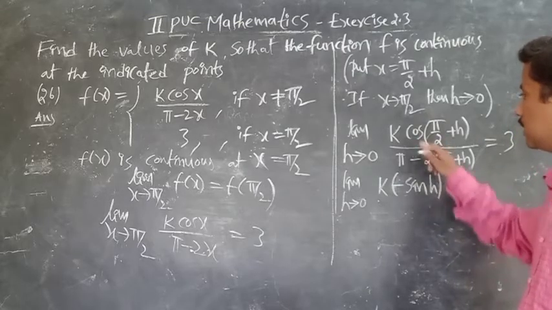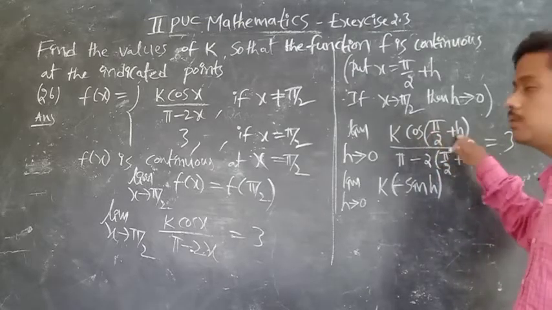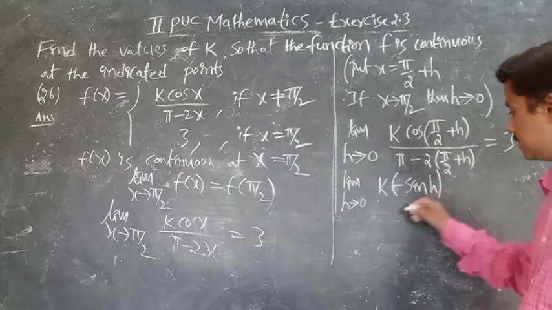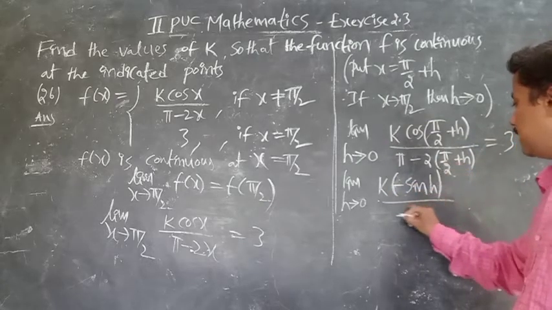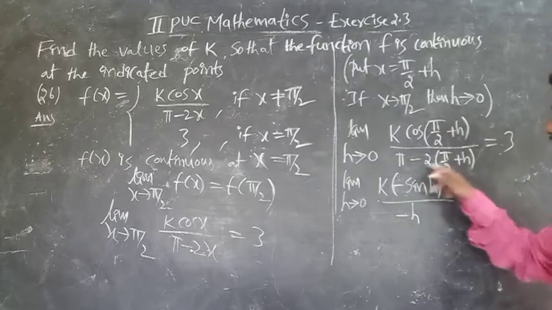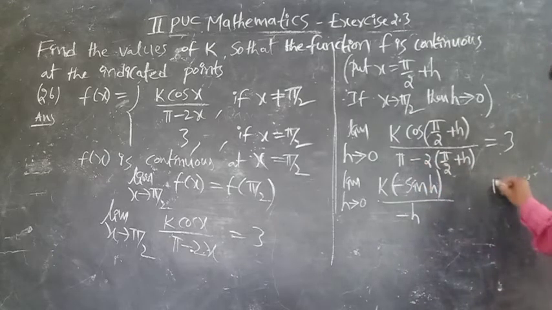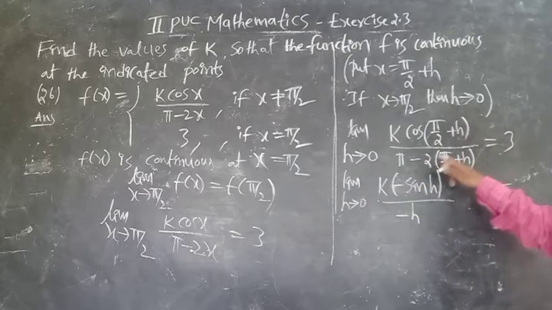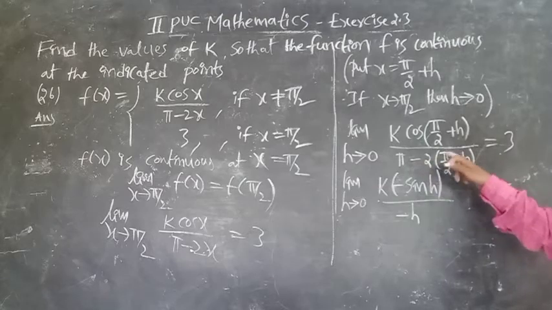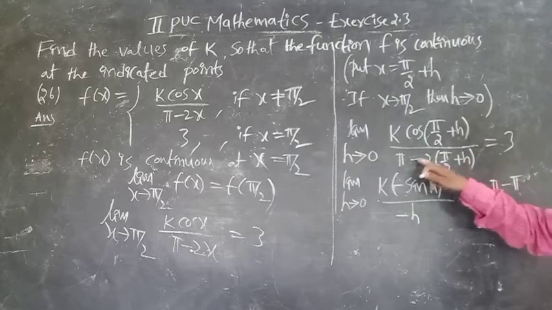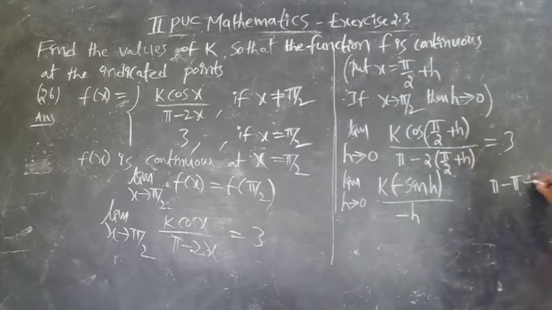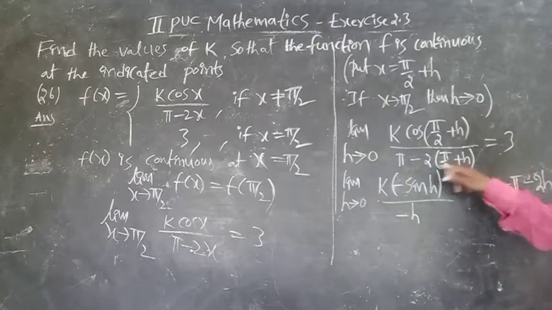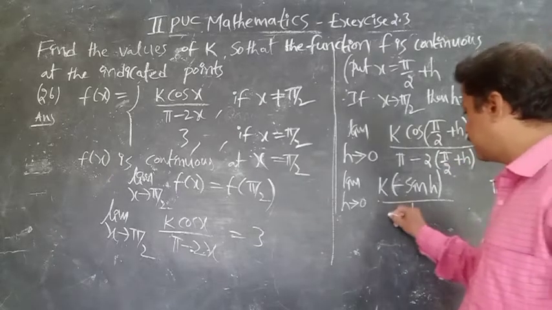So cos of pi by 2 plus h is equal to minus sin h, whole divided by the denominator. Now simplify: pi minus 2 into pi by 2, the 2 cancels, pi minus pi minus 2 into h, so write down minus 2h.